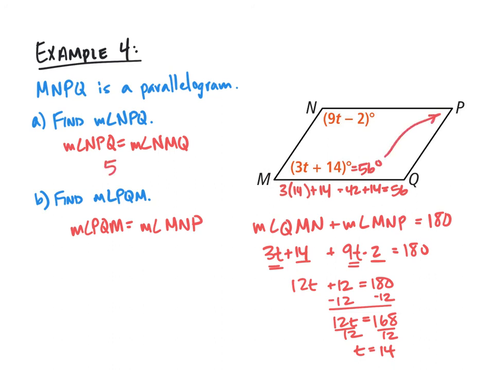So angle NPQ is 56 degrees. Angle MNP up here is going to be 9 times 14 minus 2. And 9 times 14 is going to give me 126. 126 minus 2 is 124, which is also going to be angle MQP or PQM. So that's my other answer in this problem.